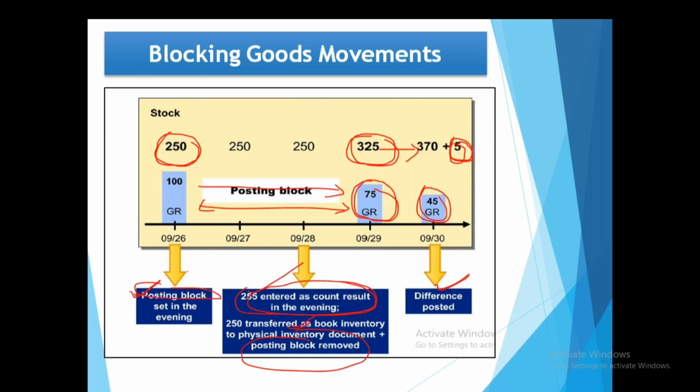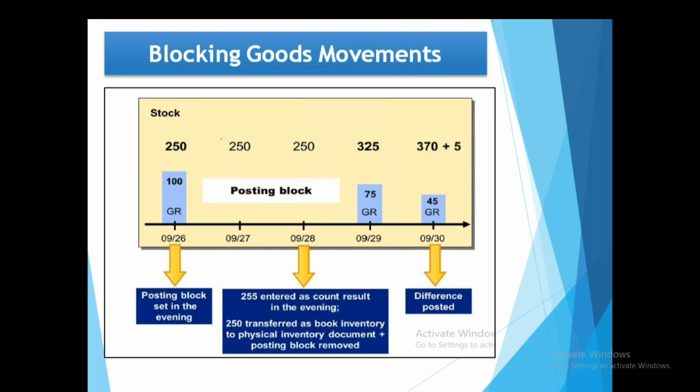So that is what is called posting block. That means during that period nobody will be able to do any kind of postings to the stock. Basically during that period you will be blocking the goods movement for that particular material. That is called blocking the goods movement. So you can do it here.